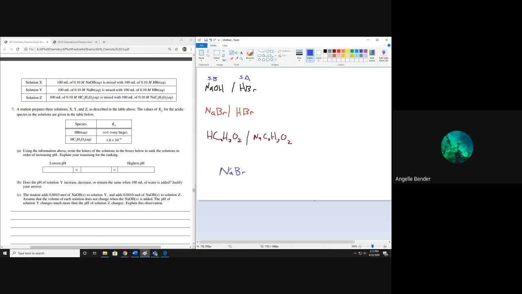All right, good. So, right, Angel took it all. She said she knew it was a salt. She wanted to figure out what kind. So she did the breakdown thing, right? NaOH is a strong base, which says neutral. HBr is a strong acid, which says neutral. So she knows, hey, I've got a neutral salt here.